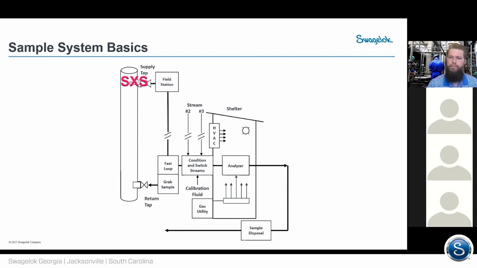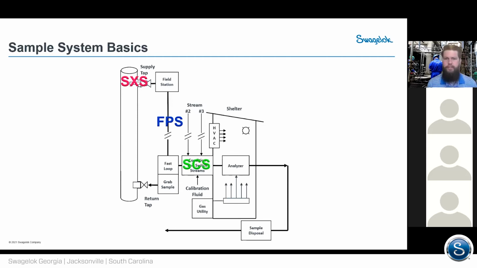Again, probes, valves, things like that. The field preconditioning system. So this is what we need to do either in a fast loop or a field station module, dropping the pressure, increasing the pressure, modifying flow rates, things like that we really need to help get the sample to the conditioning system.